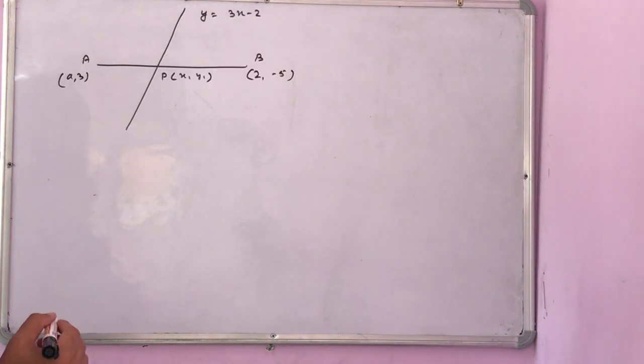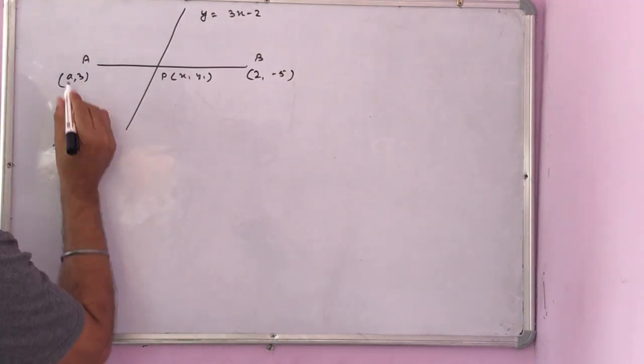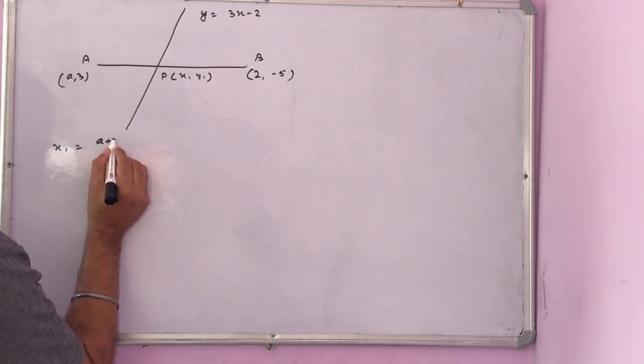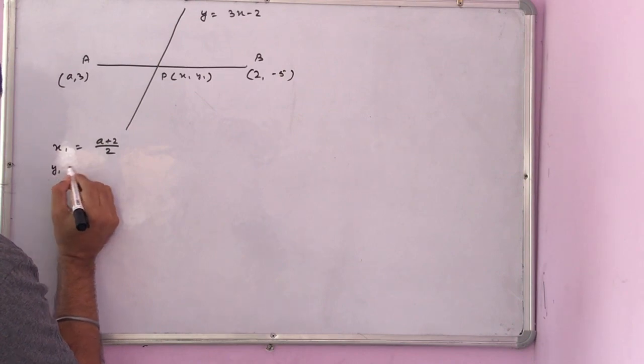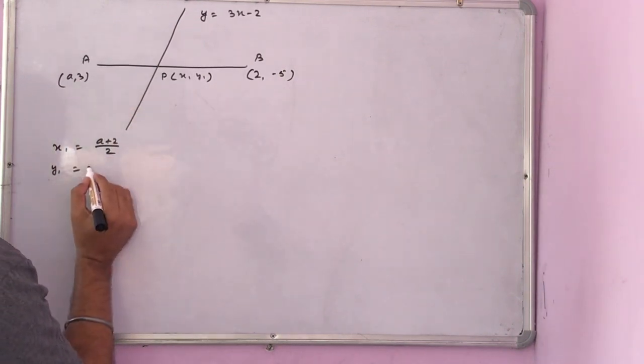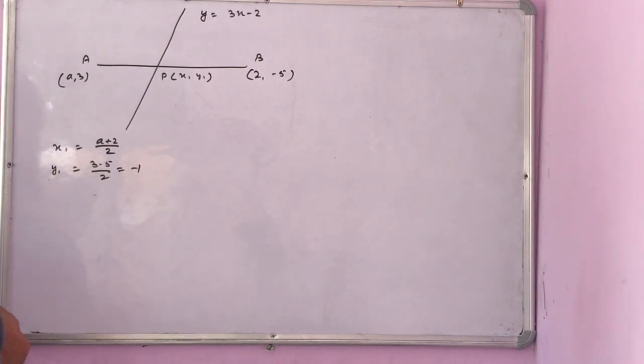Then I have to find the value of a. Now what is x1 equal to? a plus 2 by 2, because P is the midpoint. What is y1 equal to? 3 minus 5 upon 2, that is minus 1.